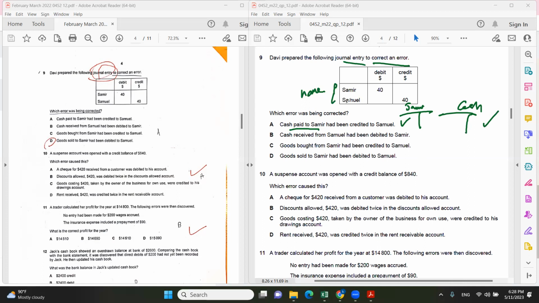So now we need to put it back. The possible error is that this one was omitted. We go and put it into Samuel. So now we need to do the reversal of the entry. So we will credit Samuel, debit Samuel. This is to reverse the error. This is to put back the correct side. So the answer should be A.